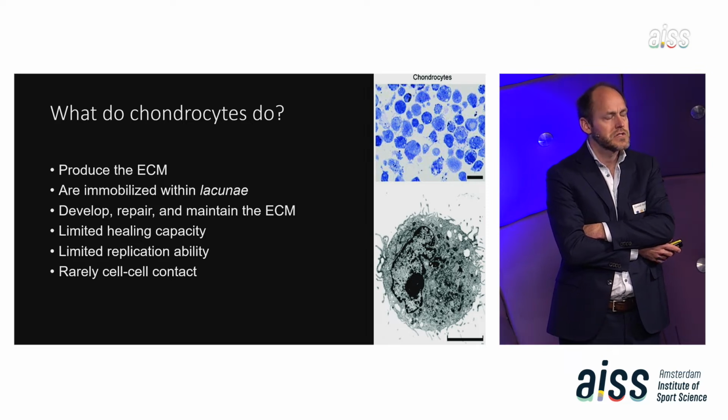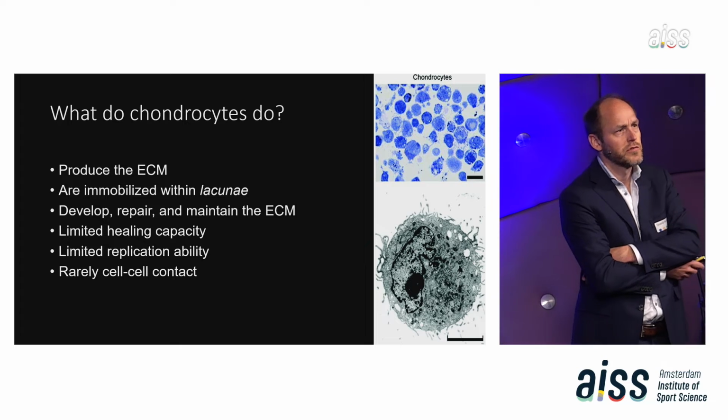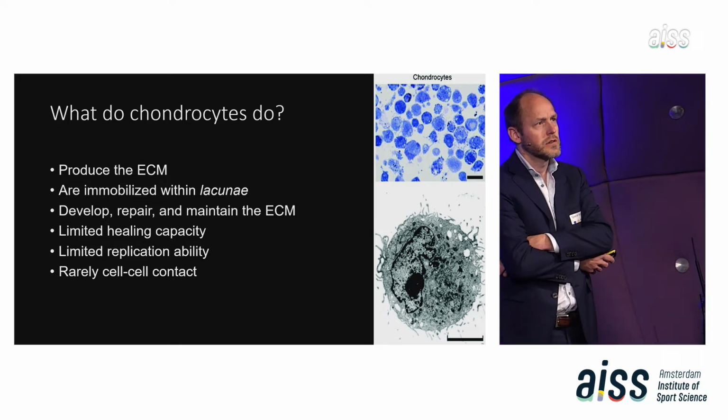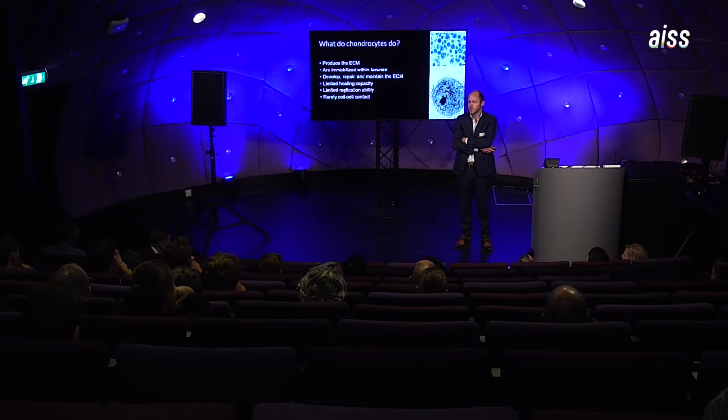A question for you: what do you think the chondrocytes occupy in the total volume of cartilage? Can you just shout a number? What volume do the cells occupy in the total volume of cartilage?